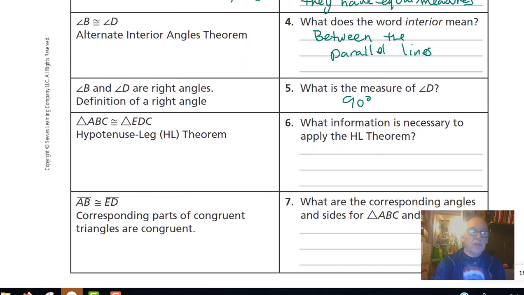So what information is necessary to apply the hypotenuse leg theorem? Okay, triangles must be right. Doesn't work with other triangles, only with right triangles. Also, hypotenuses need to be congruent. I spelled hypotenuse wrong.